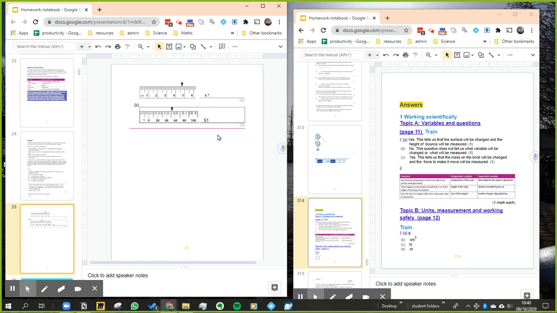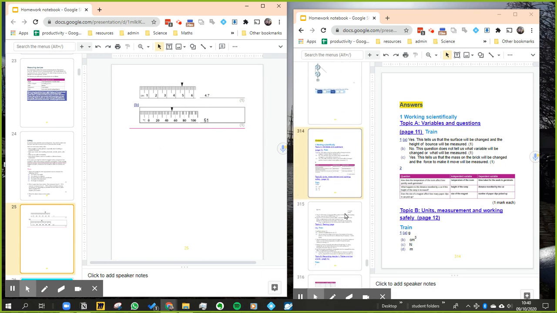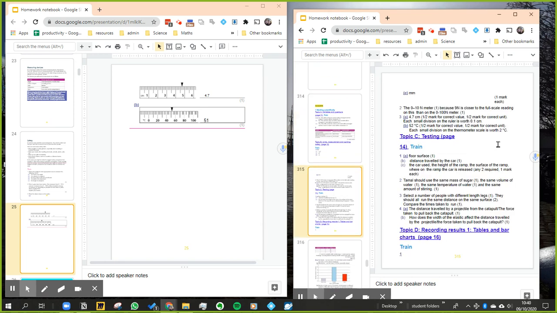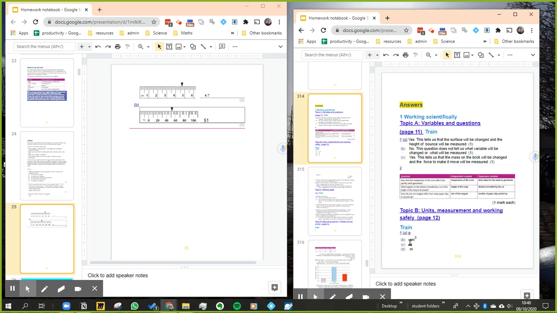Oh, it looks like you've done it since we last checked. So you can mark this bit yourself. Here we go, 1B is there. It looks like the formatting's put it over the page.